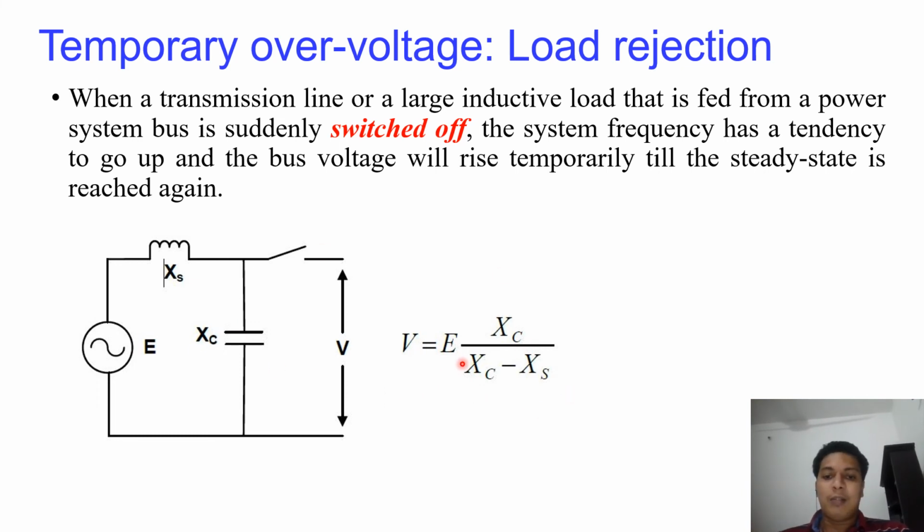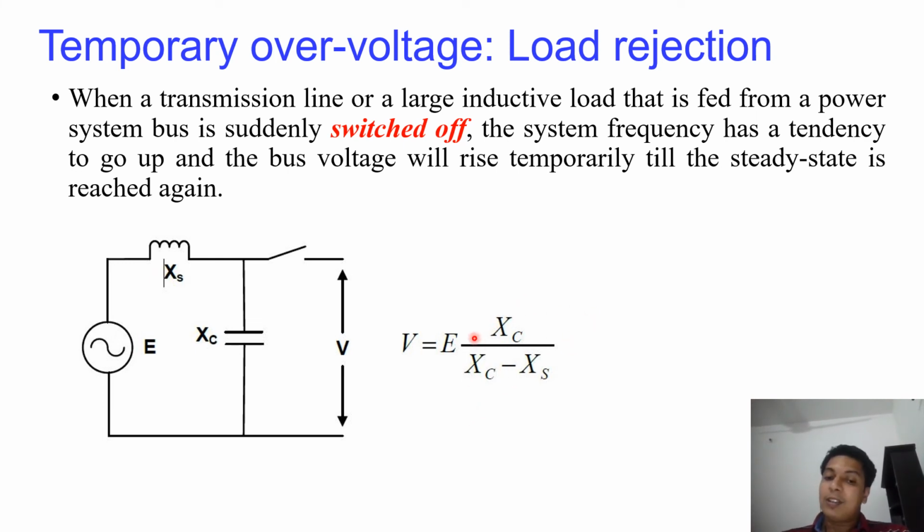The voltage division formula: Xs and Xc come in series, so Xc divided by Xc plus Xs. But since Xs and Xc are opposing, that is why we have Xc minus Xs. So definitely one thing you can understand here, this voltage V will be higher compared to E, because Xc minus Xs will be definitely lesser than Xc, so this will be Xc divided by something lesser than that.